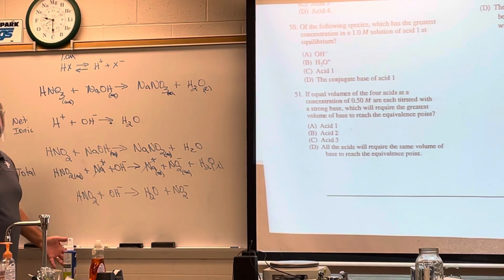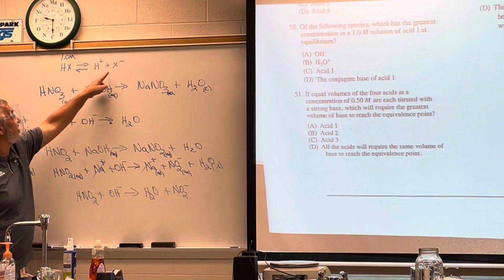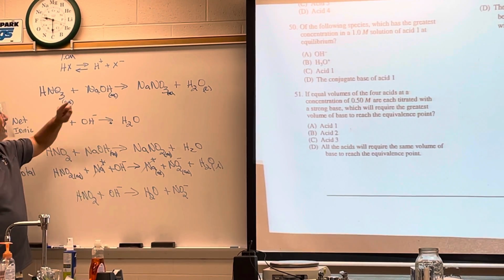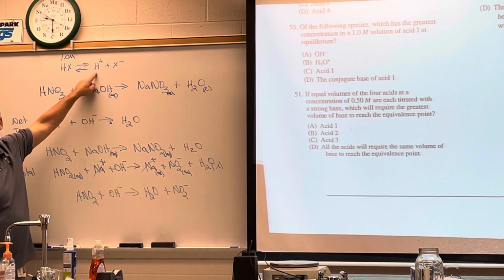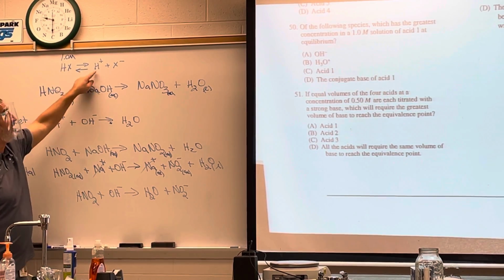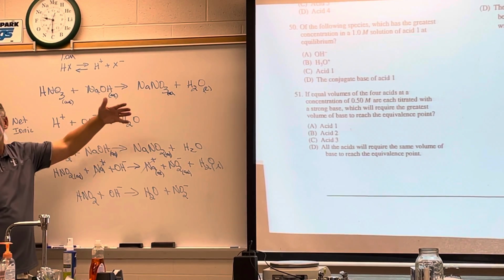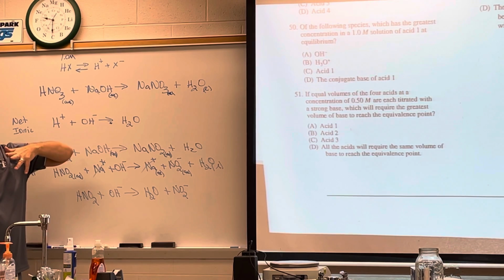But since it's the weakest acid, what does that mean about the amount of ionization? It's little. So which one is greater, HX or X minus? HX. We're not producing a whole lot of H plus either, are we? If we had 1 molar H plus, the pH would be 0. So we have way more HX than we do H plus or X minus. And obviously, if it's an acid, we're not going to have hardly any OH minus.